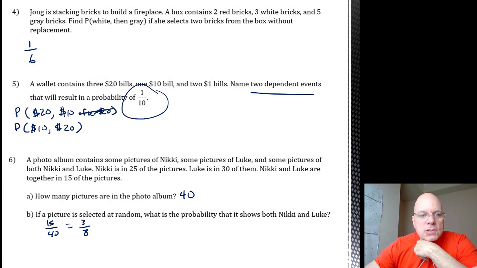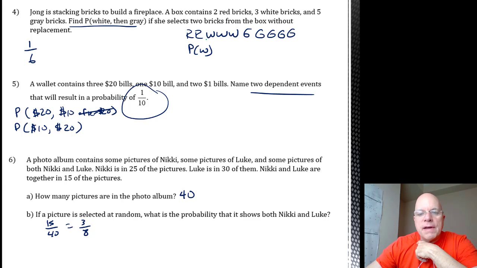Number 4, John is stacking bricks to build a fireplace. A box contains 2 red, 3 white, and 5 gray bricks. Find the probability of white then gray if she selects 2 bricks from the box without replacement. Probability of white, there are 3 favorable outcomes and 10 bricks in the box.